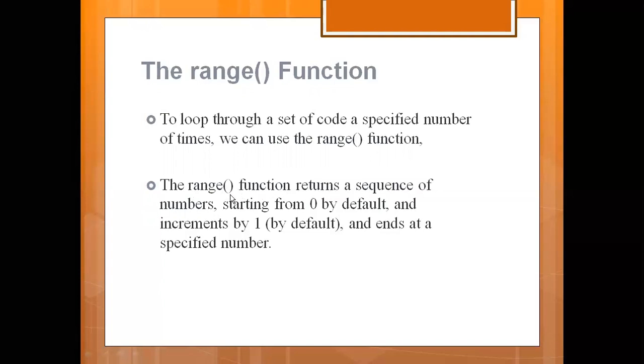Even if I don't mention the start as a parameter, it will take 0 by default, and the stop is mandatory. We need to mention the stop position, and if we don't mention the step by which we want to increment the number, then by default it is 1.